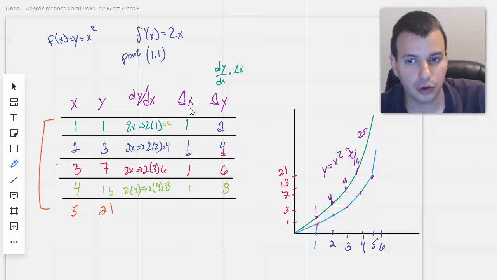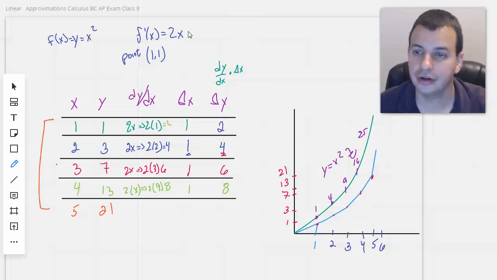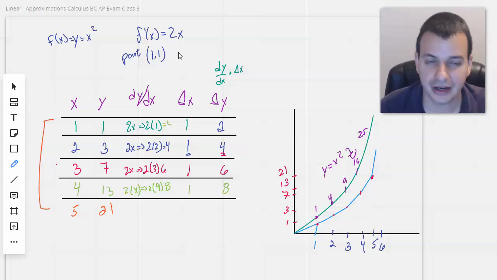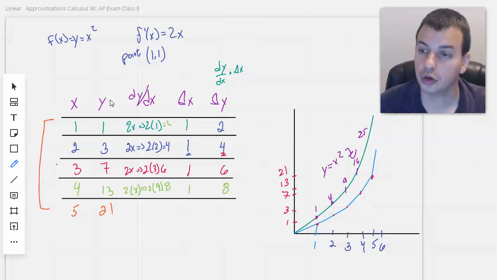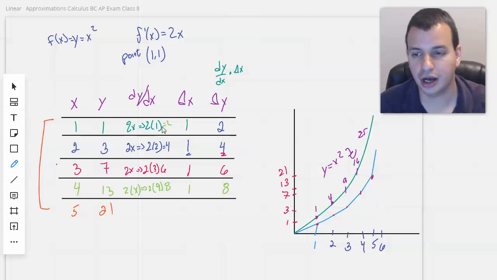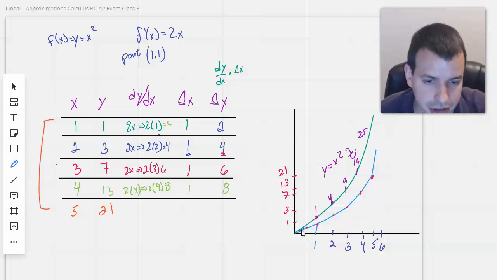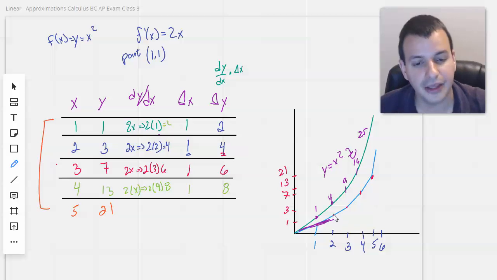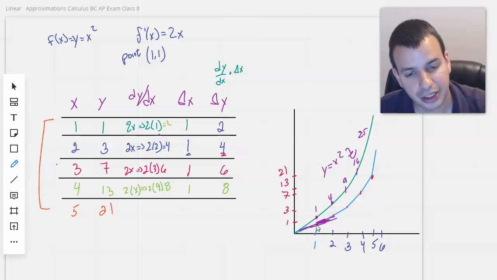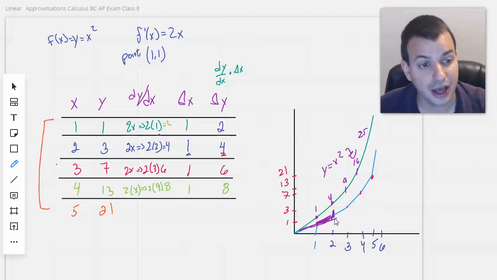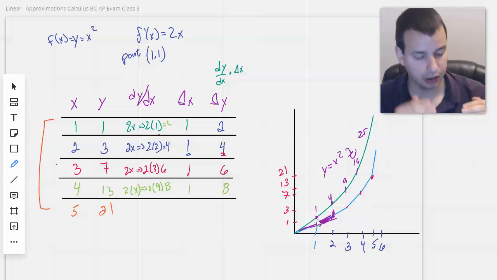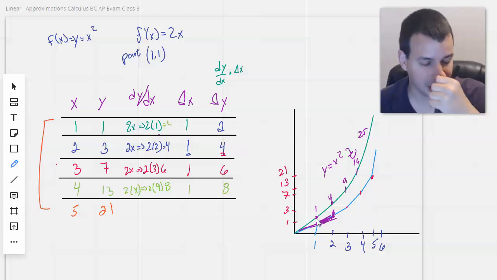We were provided with a derivative, a differential equation, f prime of x equals 2x. We made a table of points. Here's our first point, and we basically drew a line, a tangent line, and then found the next point on the curve based on the tangent line.